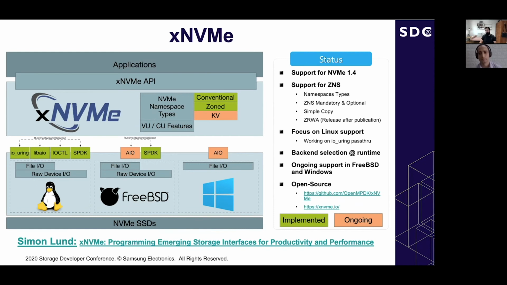But in essence, xNVMe is a library that sits right underneath an application, and it provides a single API for applications to be able to use any NVMe namespace types and run through a number of different IO backends.